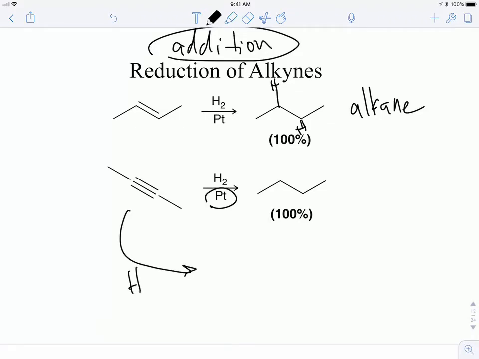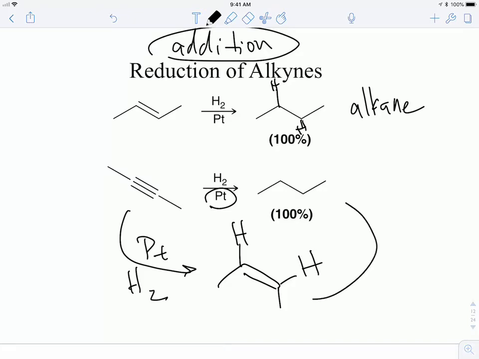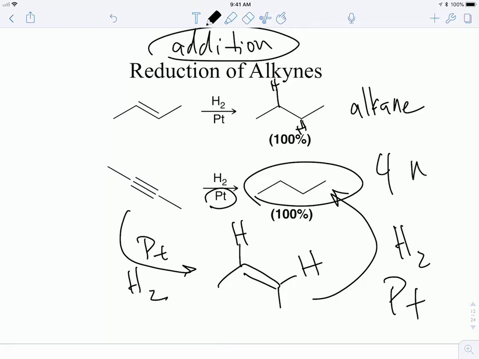First we add 2 hydrogens across to get an alkene. Remember, that's a syn addition, but since the alkenes can undergo hydrogenation under the same conditions, what we end up with is an alkane. So hydrogenation of an alkyne with platinum and hydrogen gives you alkanes. H2 adds twice, you get 4 new CH bonds there.